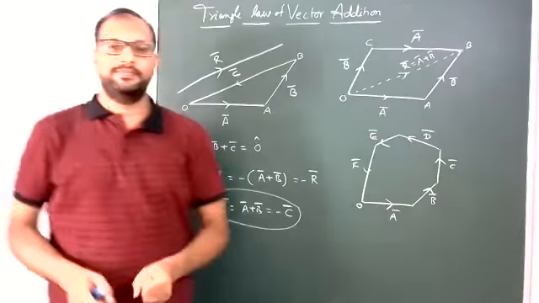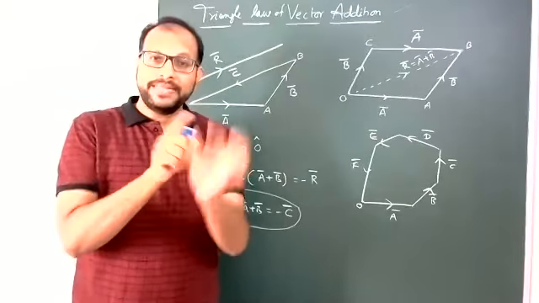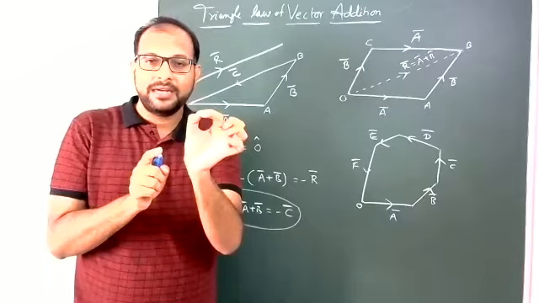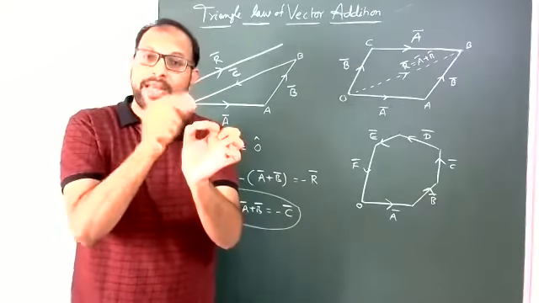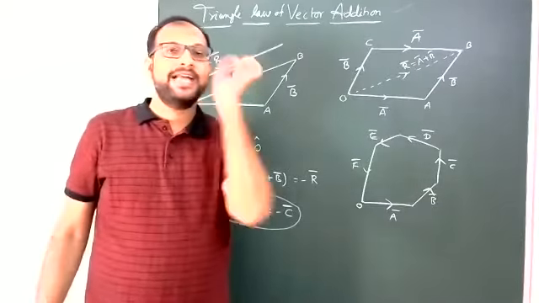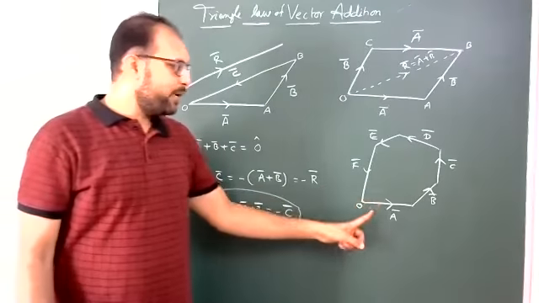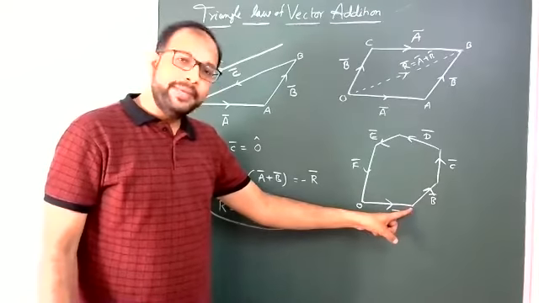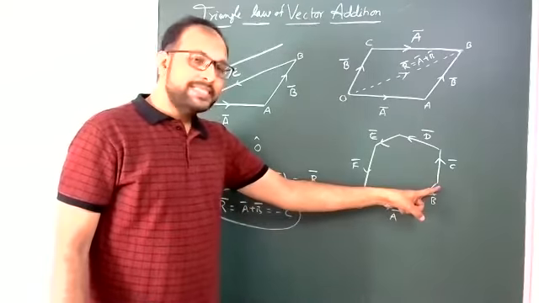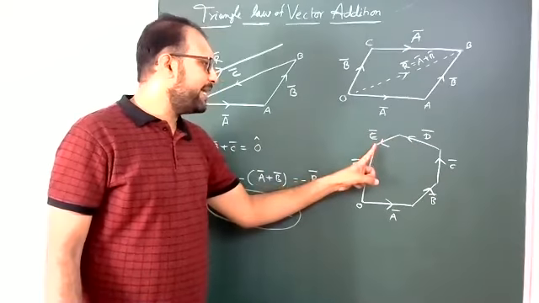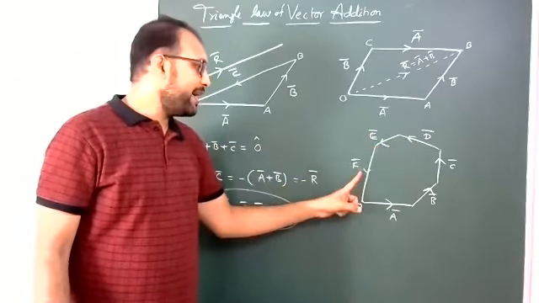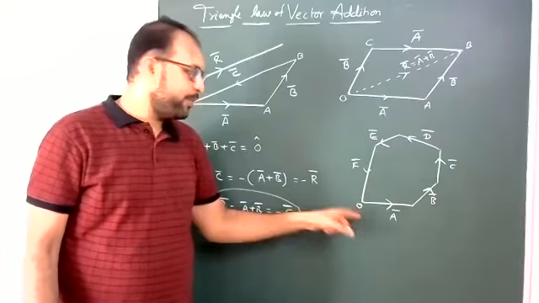Order in the sense that when one vector is over, the second vector should start from the same ending point of the previous vector. That is the taken order. In that way I have taken A ending here, B started. B ended, C started. C ended, D started. D ended, E started. E ended, F started. Then finally F ended at the starting point O.